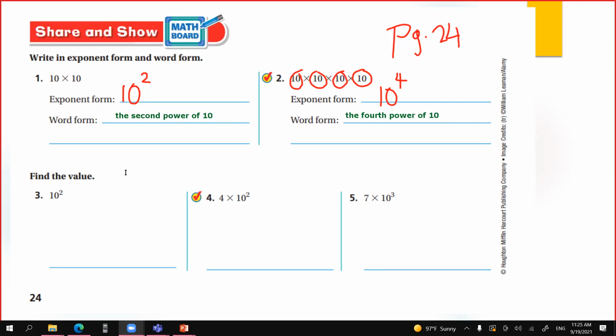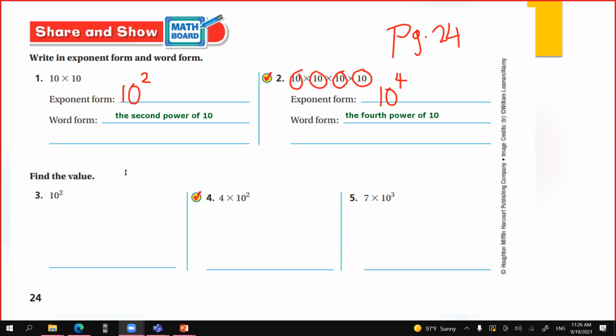Now, number 3. Dina, 10 to the power 2. Find its value.